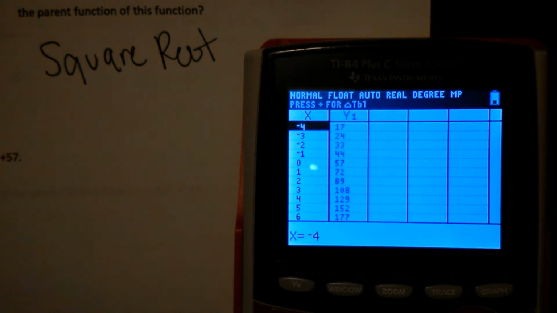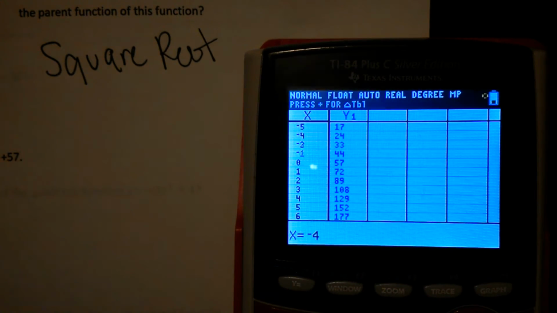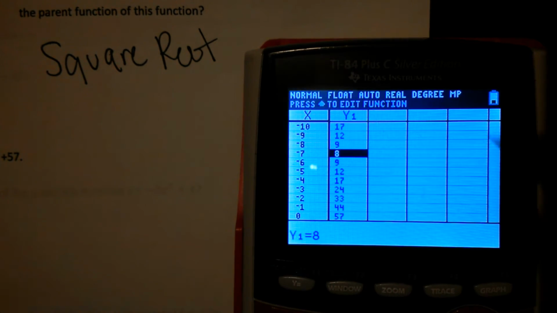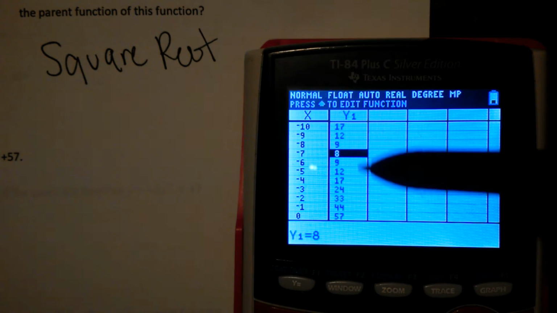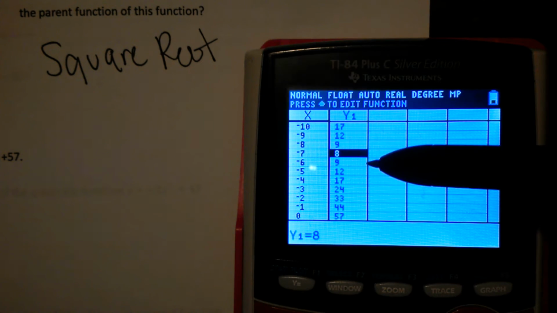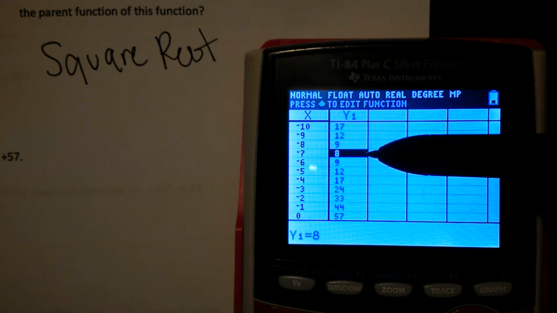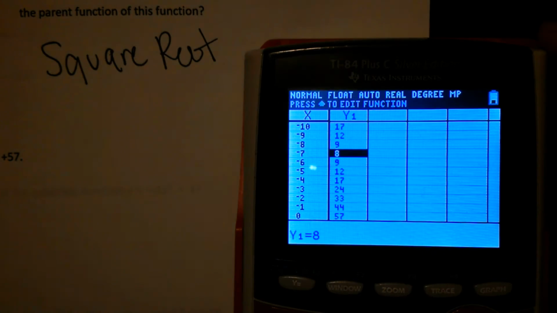We go to the table. Look for repeating values. That's the vertex. So you see there's 9, 9, 12, 12, 17, 17, and right in the middle of that is negative 7, 8. So negative 7, 8 is our vertex.